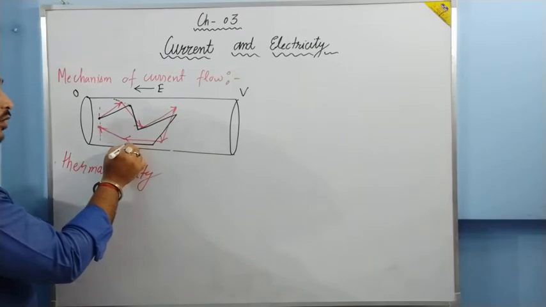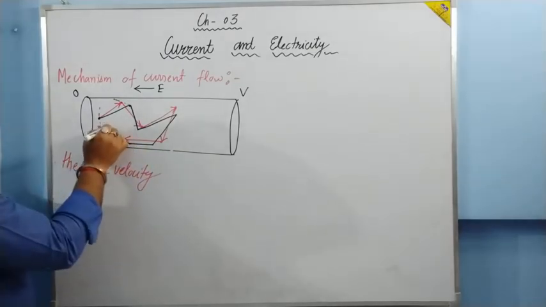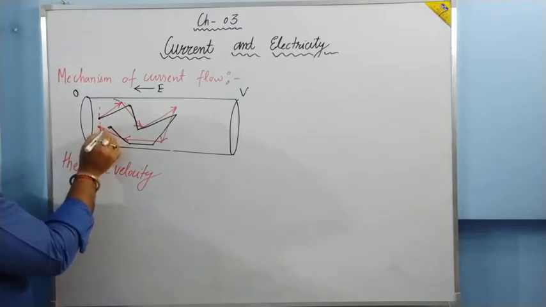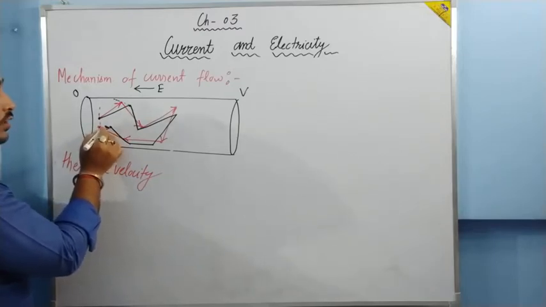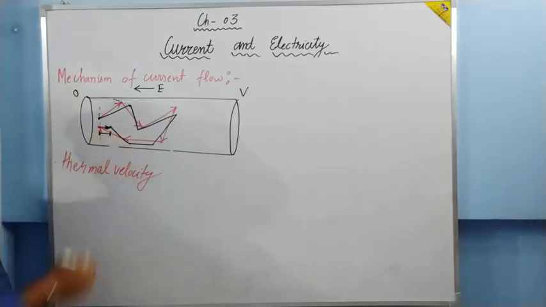Suppose from here it reaches over here. So in the same time, the electron does not reach over here, it reaches over here. It covers a distance, this much distance it covers.